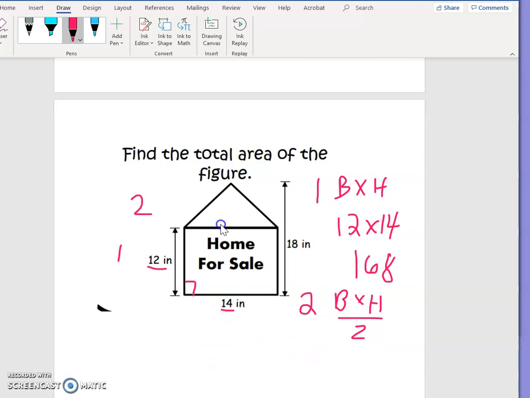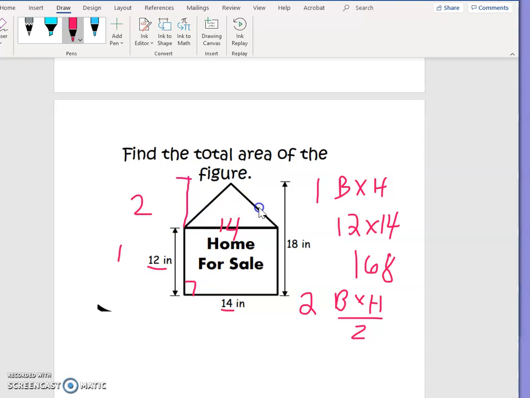The base of this triangle has the same base of the rectangle, so I'm going to go ahead and label that for you here. That's 14. To find the height, I'm going to need to use two pieces of information. The height of the triangle would be just this part from the base to the top.